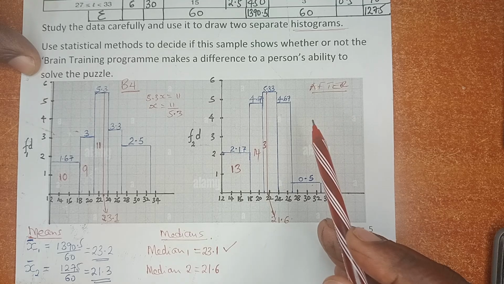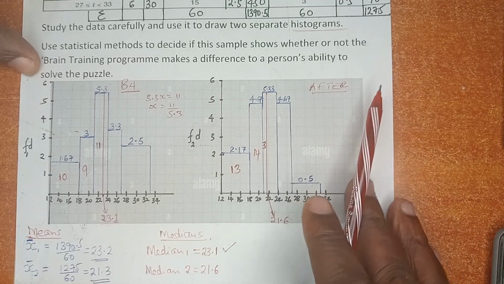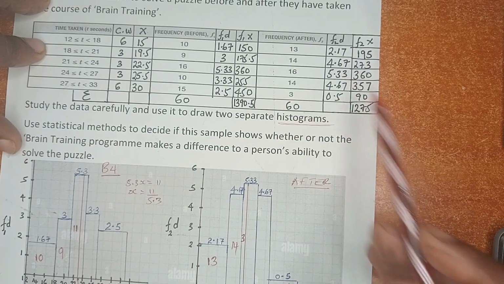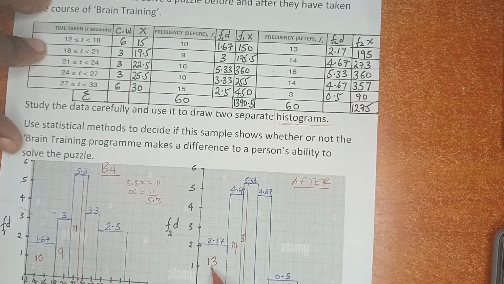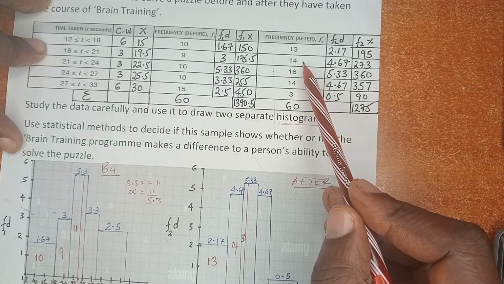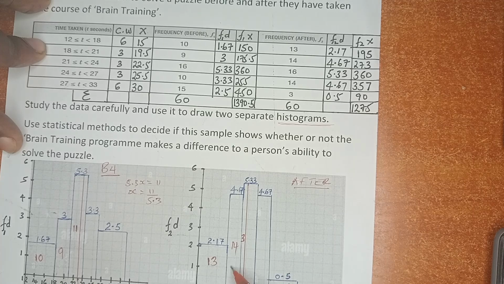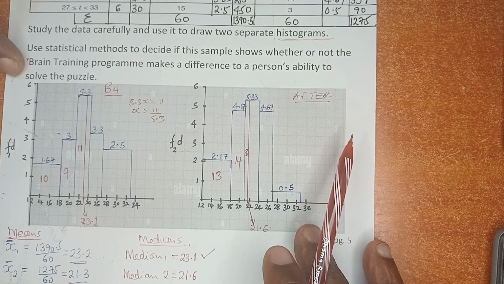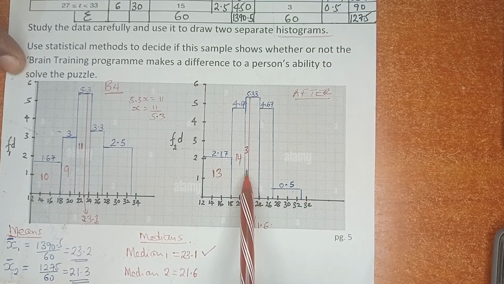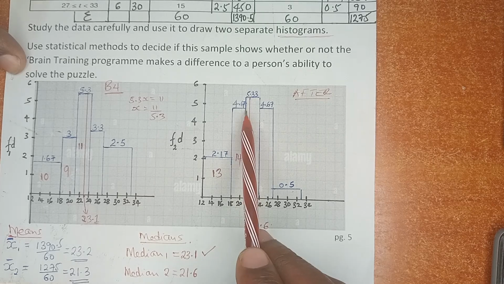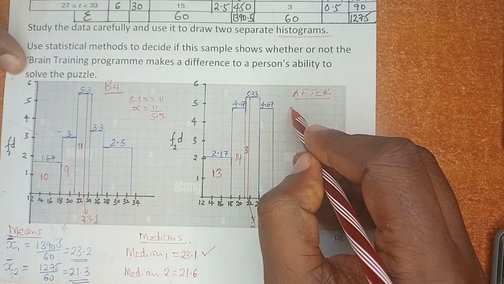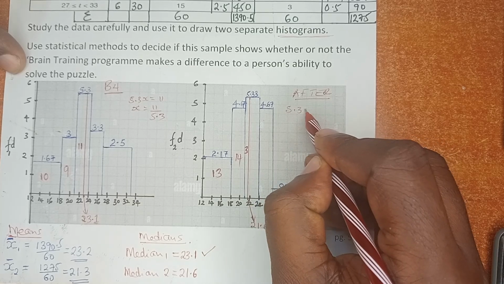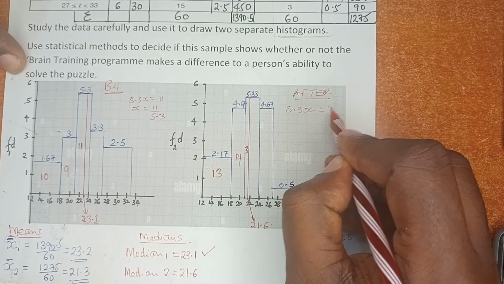Now, the median after. As you can see, the first group has 13, which are here. The second group has 14 participants, which are here. Already that makes 27. So to make 30, we need these 3. For those 3, we have to use the area of this strip. The height is 5.3, so 5.3 times x should give us 3.